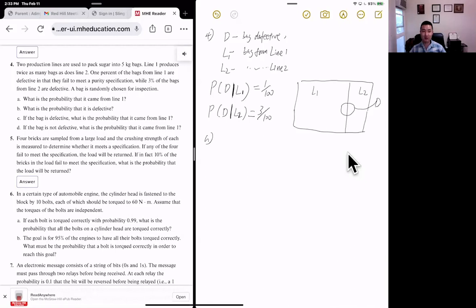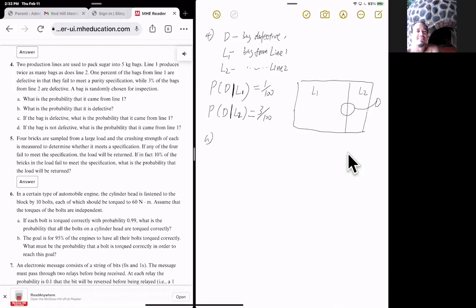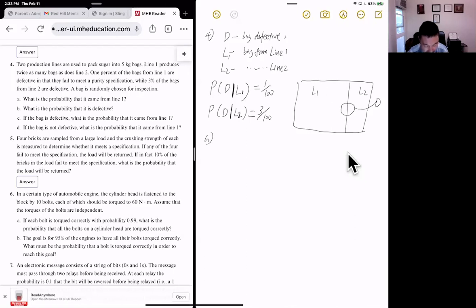So that part is very straightforward, right? It depends on the number of bags produced. So that would be 0.001, right? No, 0.001 is the percentage defective if it's coming from line 1.